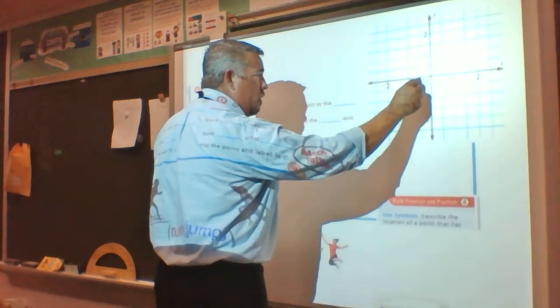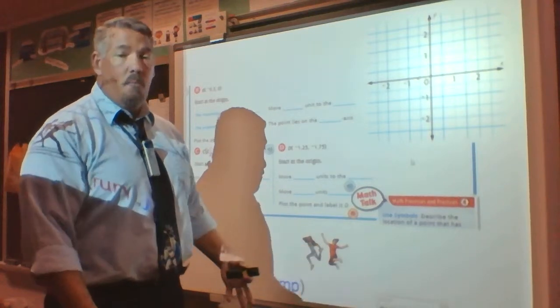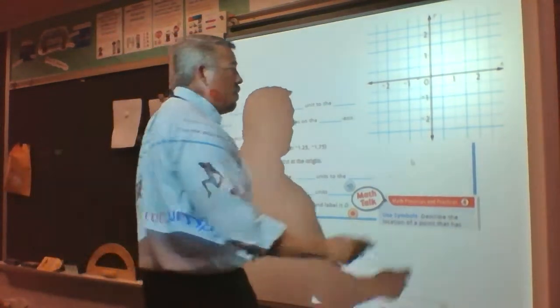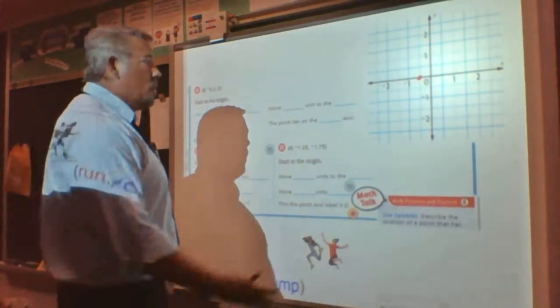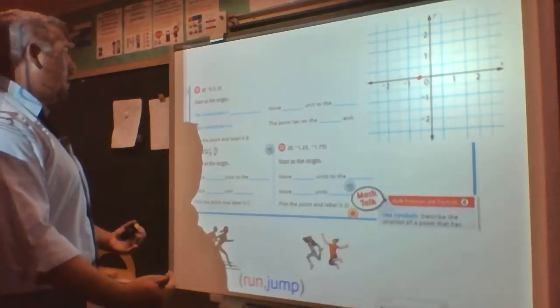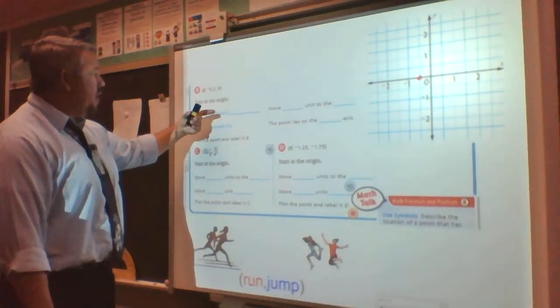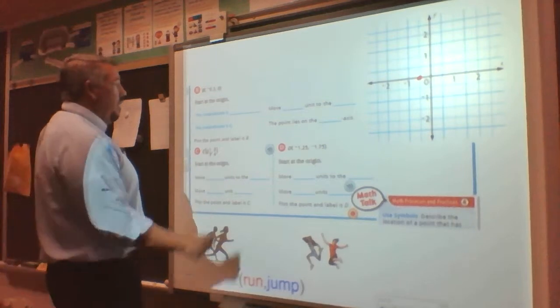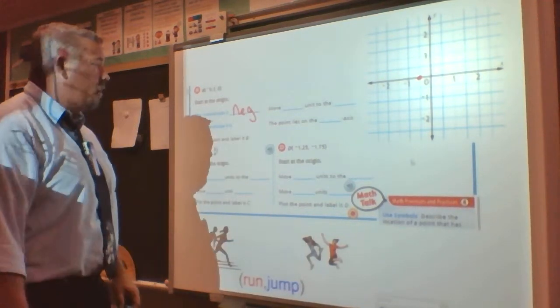So I'm going to go here. And then 0, I'm not going to jump up. I'm not going to jump down. So it's going to be right on the line, halfway between the 0 and 1 and on the x-axis because I don't leave it. It says the x-coordinate is negative. We'll abbreviate that NEG.